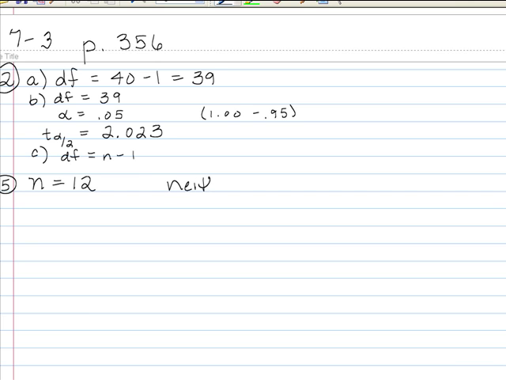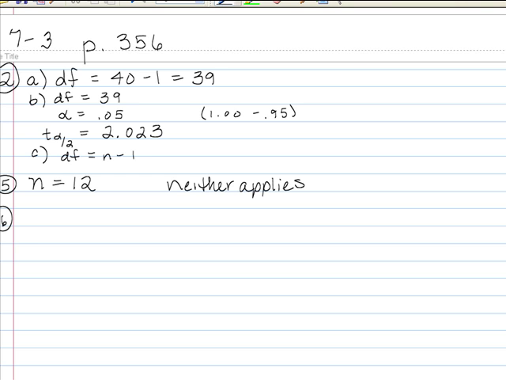Okay, let's look at number 6. Confidence interval, confidence level is 90%. Sigma is not known. The dot plot of IQ scores of 20 randomly selected statistics instructors is as shown below. Alright, so we have 1, 2, 3, 4, 5, 6, 7, 8, 9, 10, 11, 12, 13, 14, 15, 16, 17, 19.